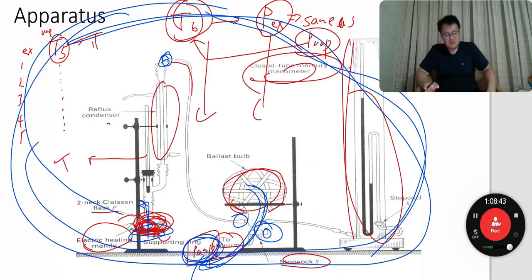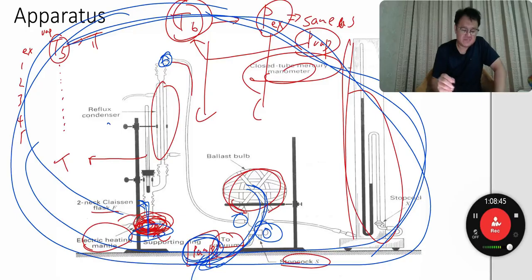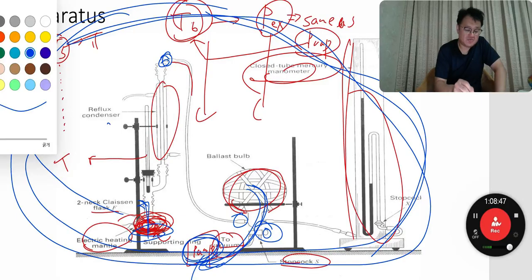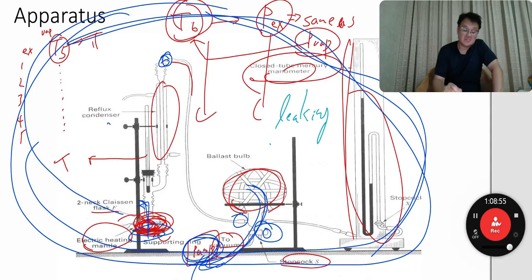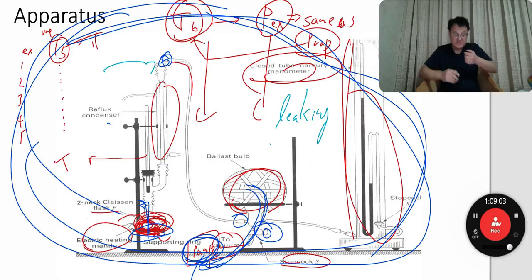And what you're going to see is something like this. Because your system is leaking, even if you do your best to evacuate the system very well, you still have some leaks in your system.